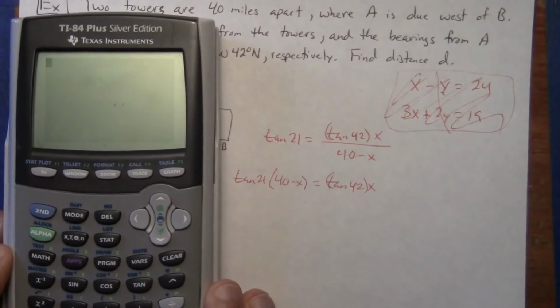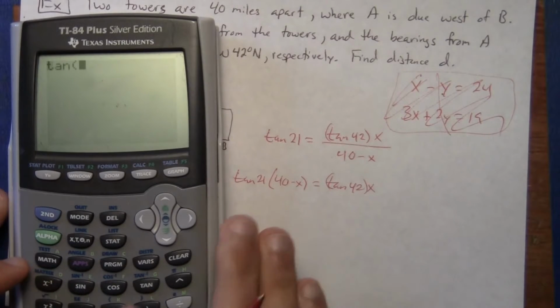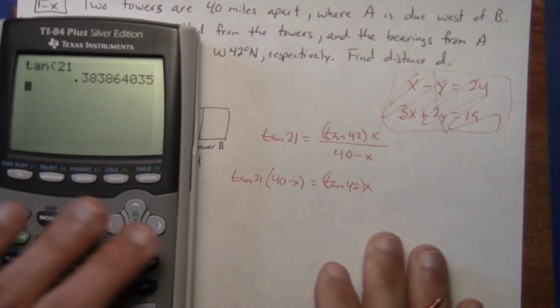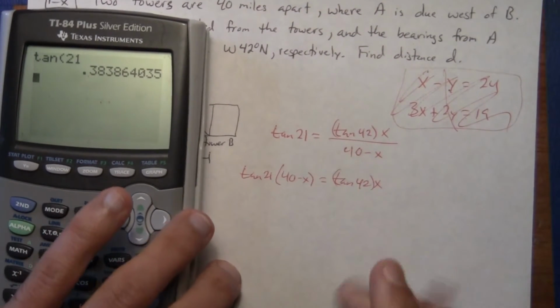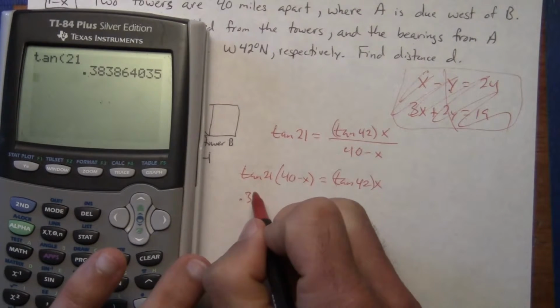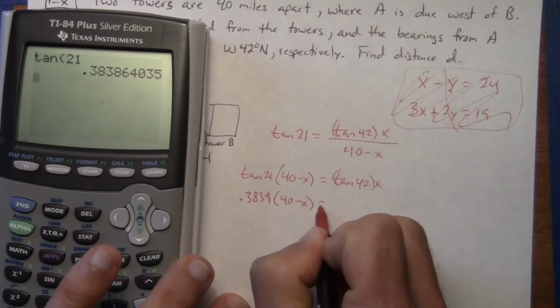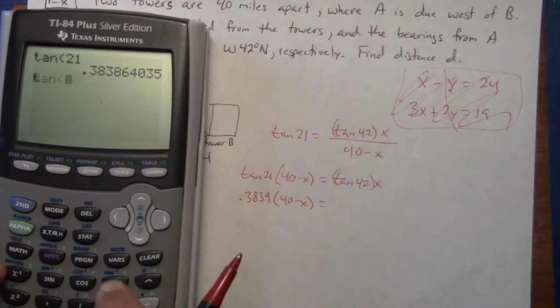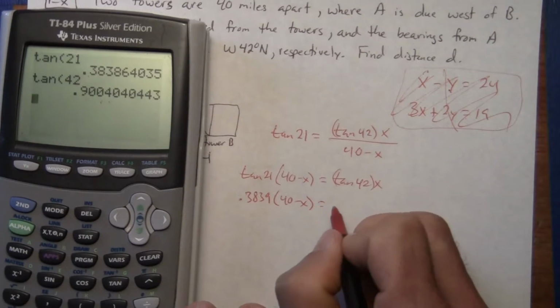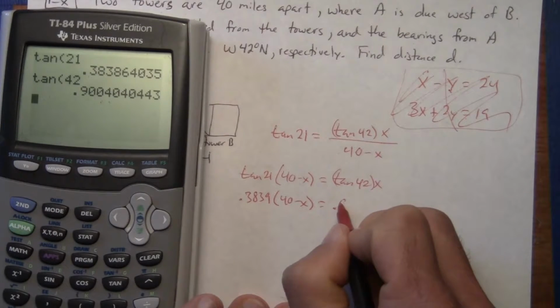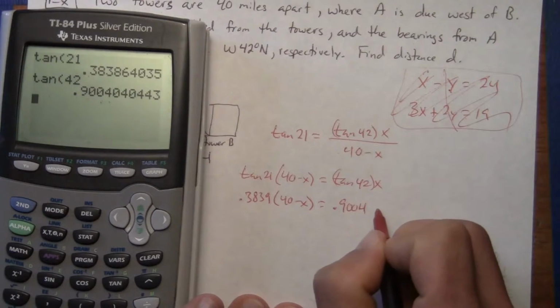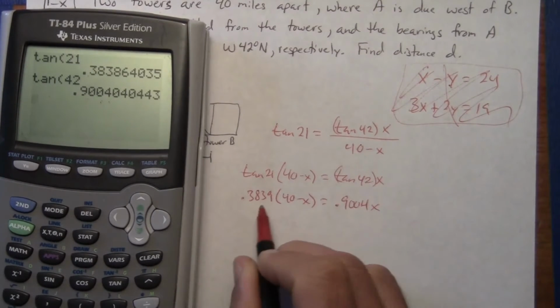So tangent of 21 is going to be, and like I said, I would probably go out 4 decimal places, 0.3839, times 40 minus x is equal to the tangent of 42. And again, going out 4 decimal places is 0.9004x. I'll go ahead and distribute.